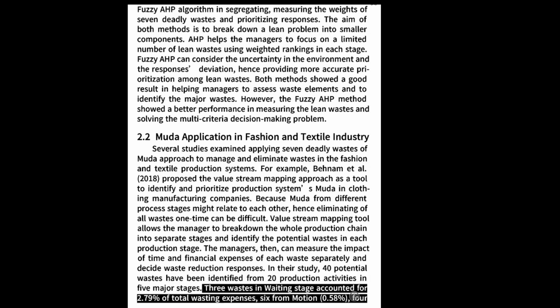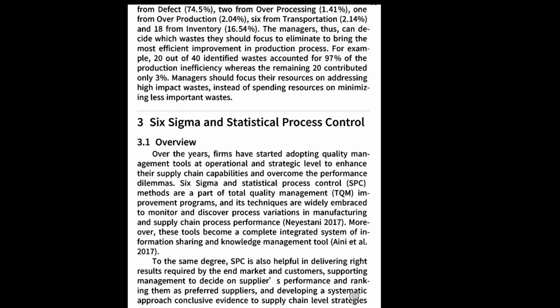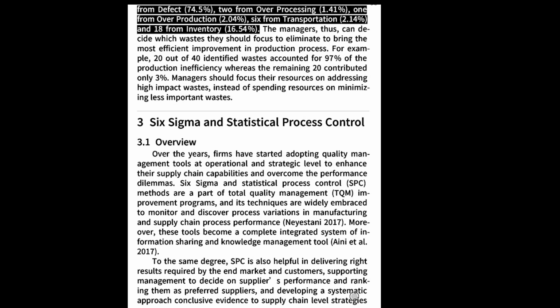3 wastes in the waiting stage accounted for 2.79% of total wasting expenses, 6 from motion 0.58%, 4 from defect 74.5%, 2 from overprocessing 1.41%, 1 from overproduction 2.04%, 6 from transportation 2.14%, and 18 from inventory 16.54%.